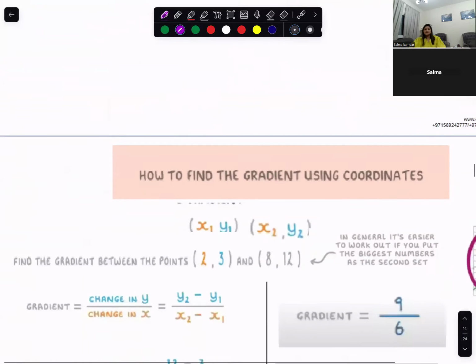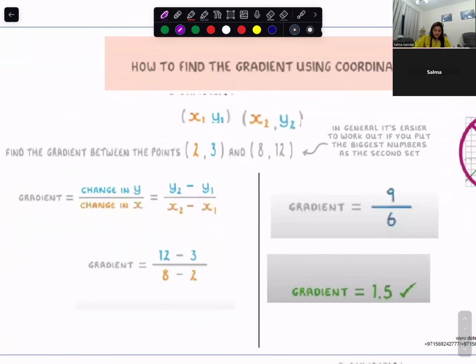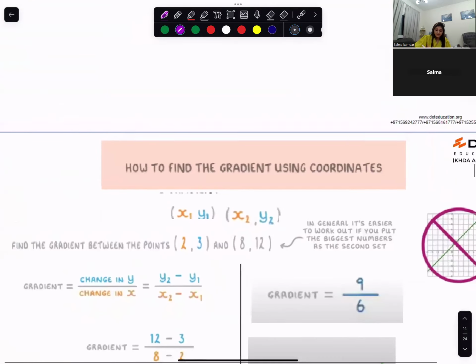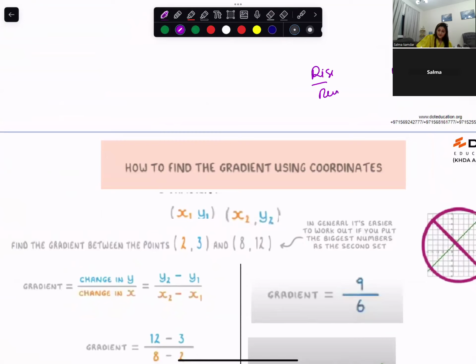Another way to find gradient is using formula. First way, rise over run. Other way is formula. That means change in y over change in x.